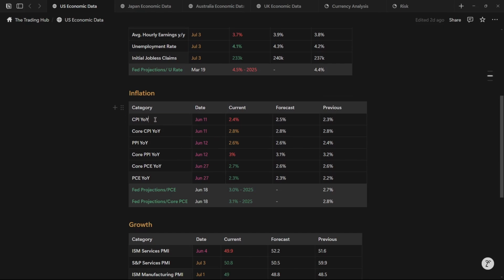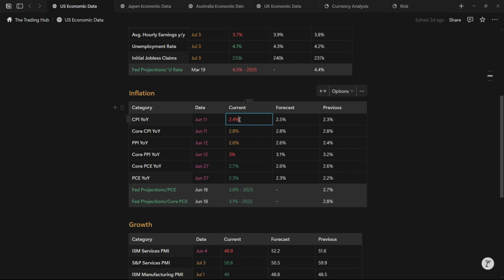So I look at CPI, year over year, core, PPI, and PCE, and I basically do the same thing again. So we have 6 readings right here, and you can see that we had 2 inflation readings that beat, 2 inflation readings that fell below expectations, and 2 inflation readings that were in line with expectations.